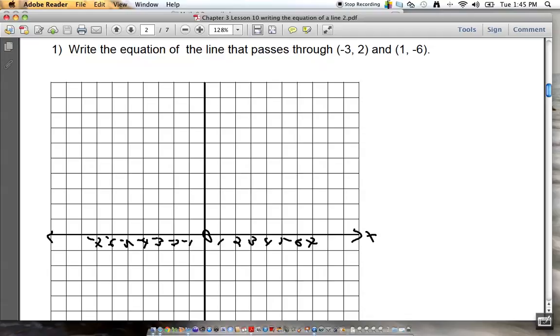Now we just do a vertical number line. And this is the y-axis. It's easy to remember that this is the y because the line goes straight down just like the axis, okay? And then remember, any point is always x, y. So you look for where the x is -3 and the y is 2. The x is -3 here, and the y is 2 here. So where they meet is the point -3, 2. Okay?